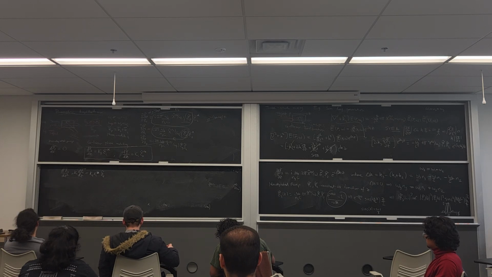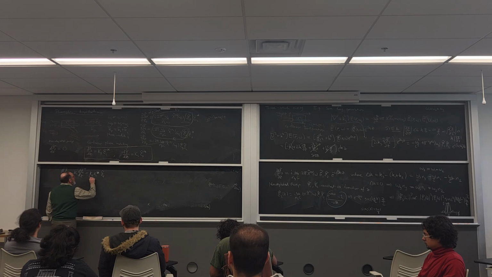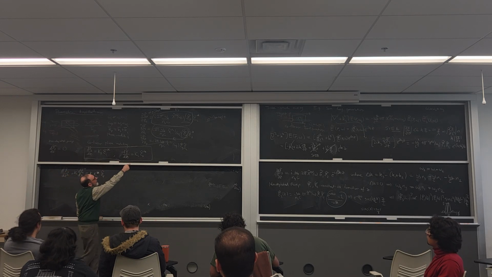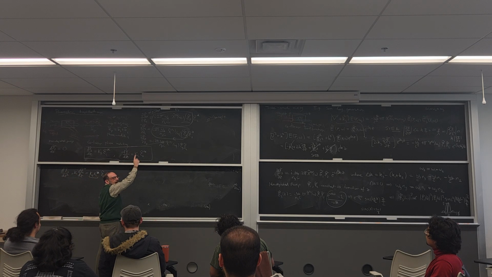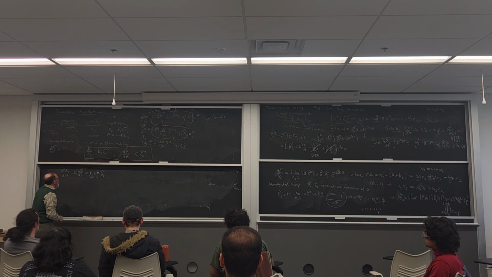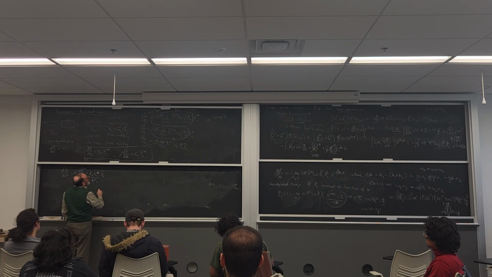Everyone see that? This is a real number, because I multiply it by its complex conjugate, which gets rid of the i's. I'll call this kappa squared.